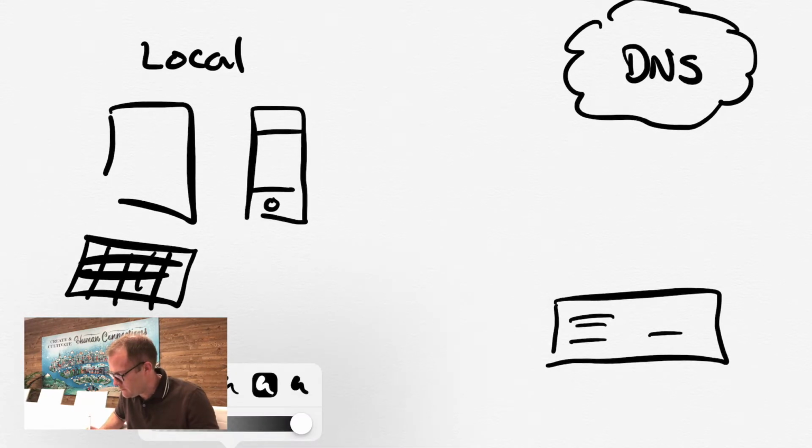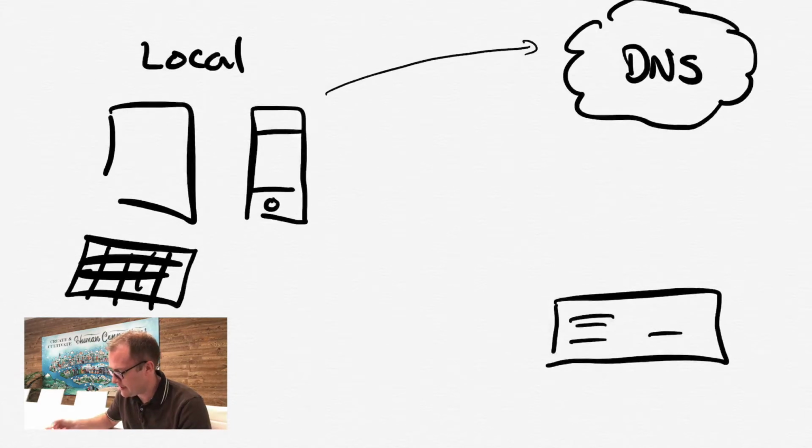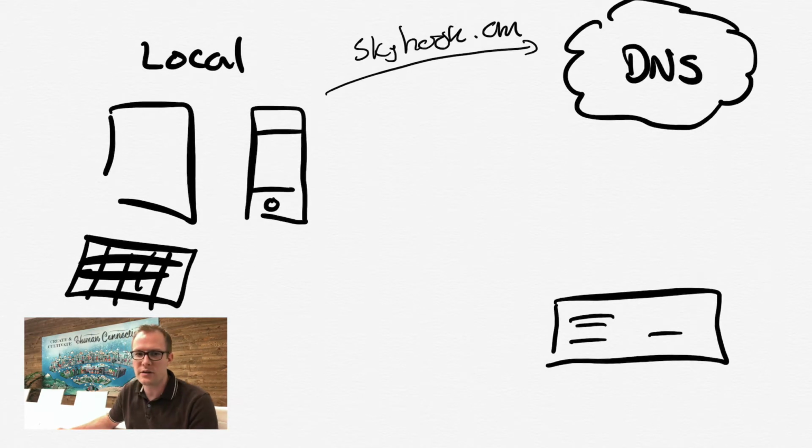So what happens is when you want to visit a website on your local machine, you type in skyhookinteractive.com. Basically, your local machine sends out a request to the DNS service and says, hey, I want to get skyhookinteractive.com. What it's doing here is a quick lookup.